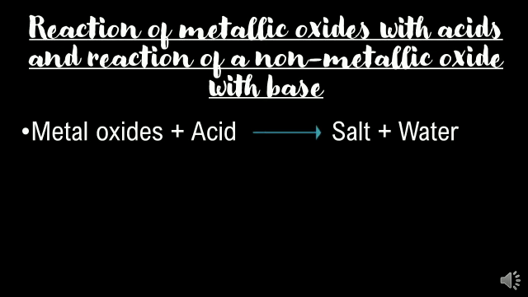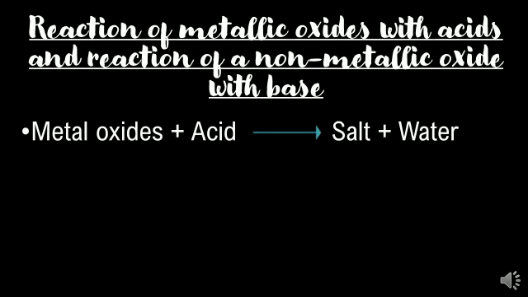So we will notice that the color of the solution becomes blue green and the copper oxide will dissolve in that. And the blue green color of the solution is due to the formation of copper 2 chloride in the reaction. So because of the reaction, the product formed is copper 2 chloride. This leads to the blue green color.